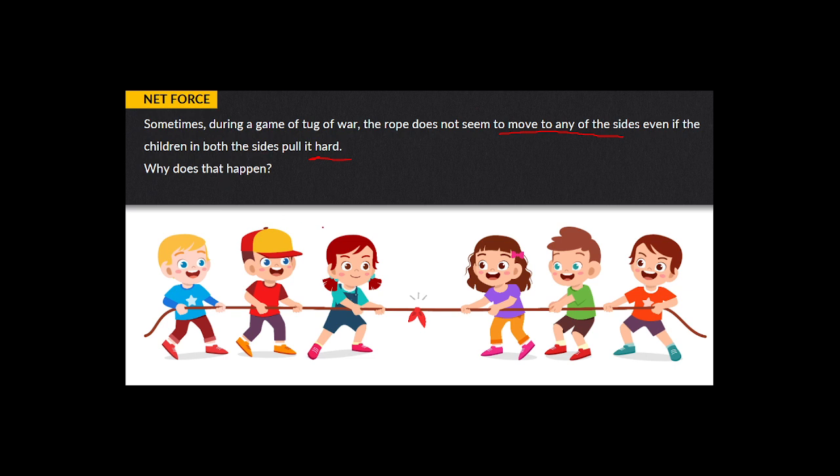Exactly, when both sides' force is equal. And what is the direction? These guys are applying the force towards right, and they are applying force towards left. So is it same direction or opposite direction? Opposite. Exactly. So that means these forces are balanced or unbalanced?